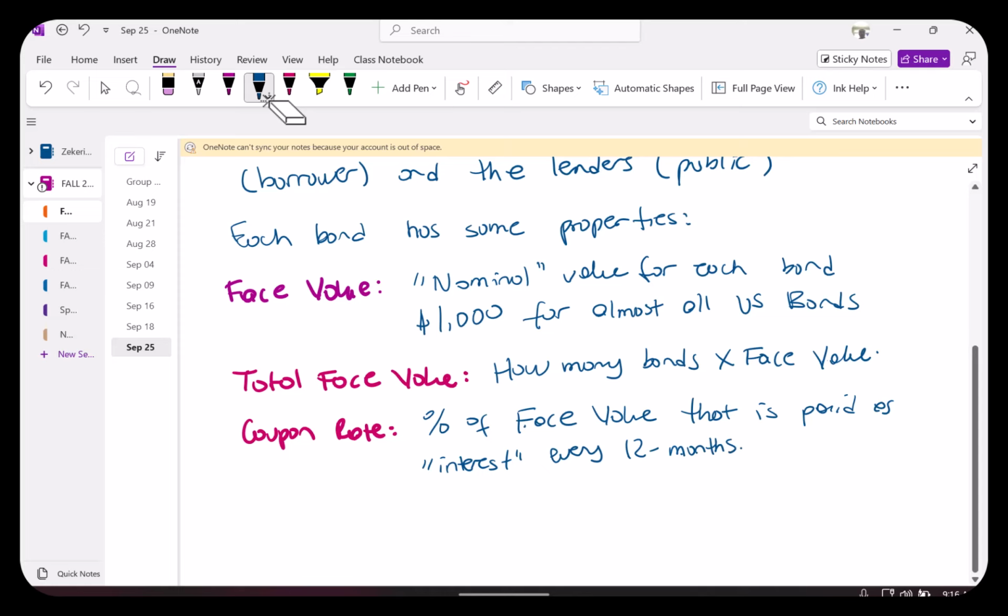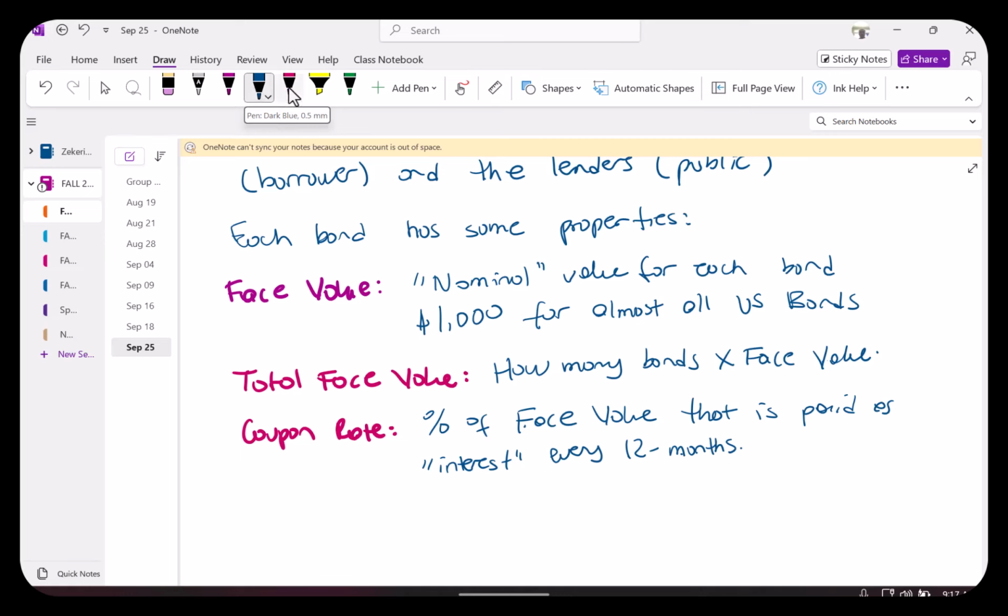So if I say that this is a 10% coupon rate, that means every year, every 12 months, the issuer is going to pay 10% of the face value. So if the face value is $1,000, every 12 months, the issuer is going to make a payment of $100.